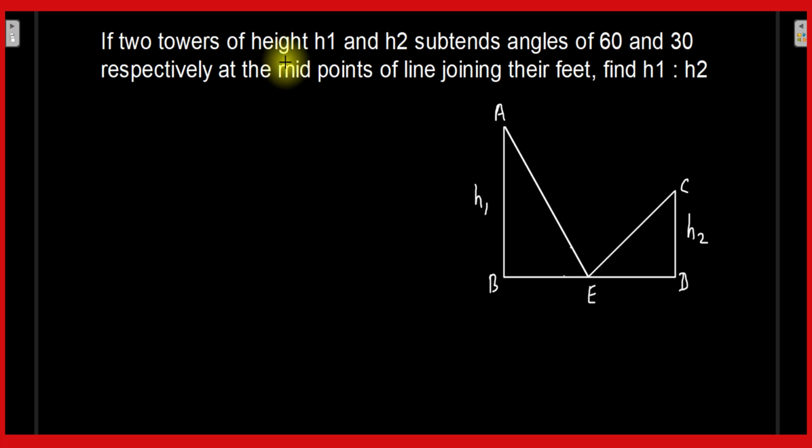If two towers of height h1 and h2 subtend angles of 60 degrees and 30 degrees respectively at the midpoint of the line joining their feet, find h1 and h2. Here, friends, AB and CD are the two towers whose heights are h1 and h2.